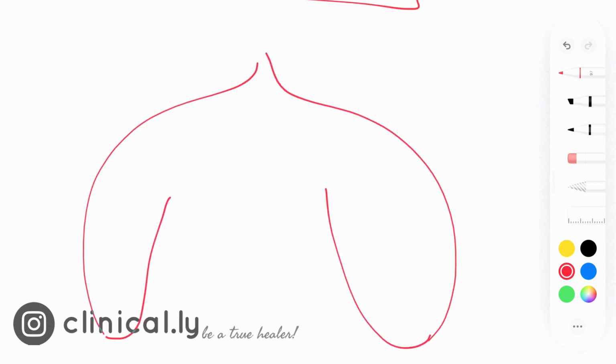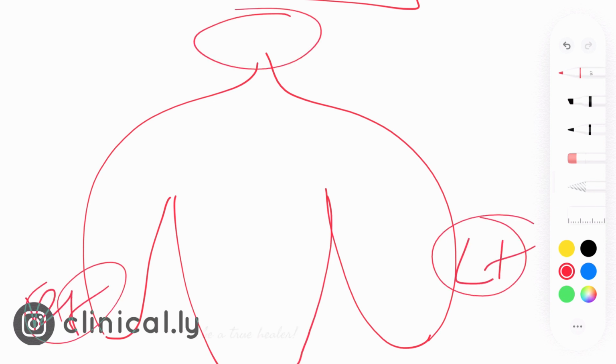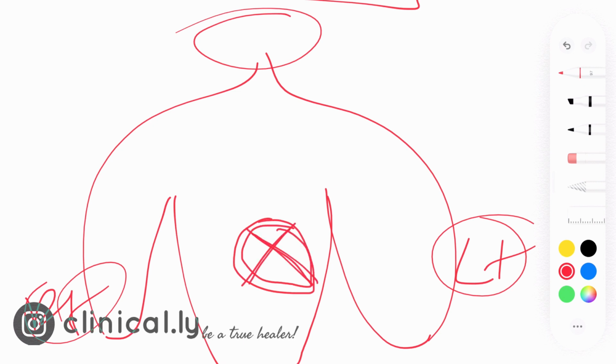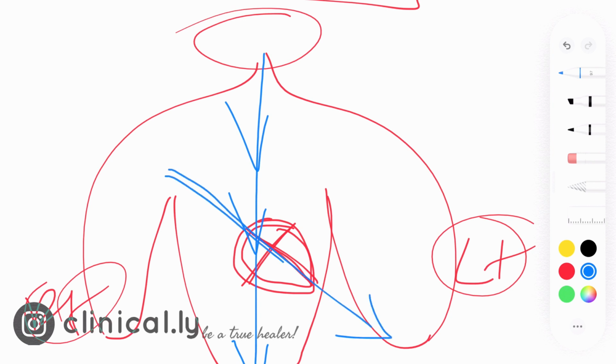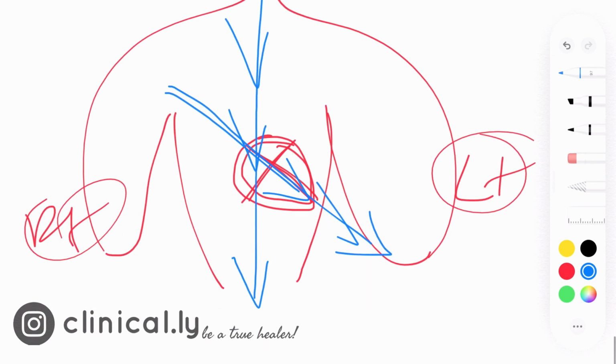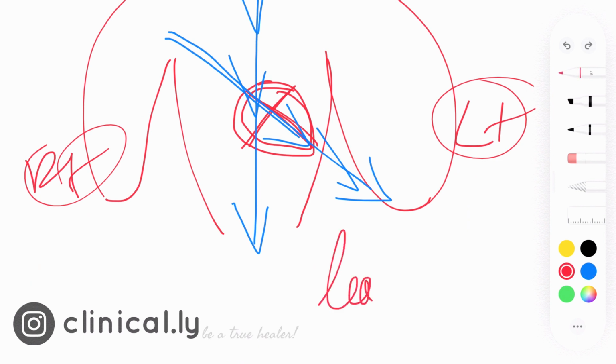To learn the long axis of the heart, let's draw a person with the torso, the right hand and the left hand. This is more or less the anatomical position of the heart. The point that I want to make here is that the long axis of the body is in this direction, whereas the long axis of the heart is in this direction. So they are not one and the same. And our lead 2 is the lead which looks at the heart from this direction.